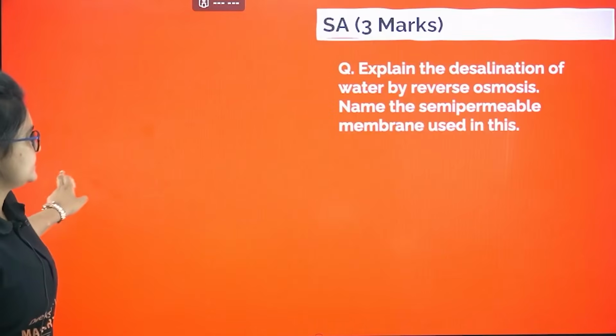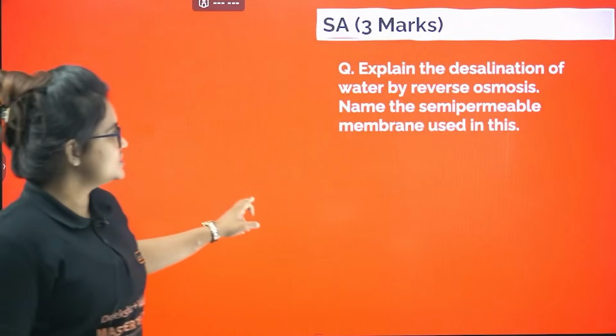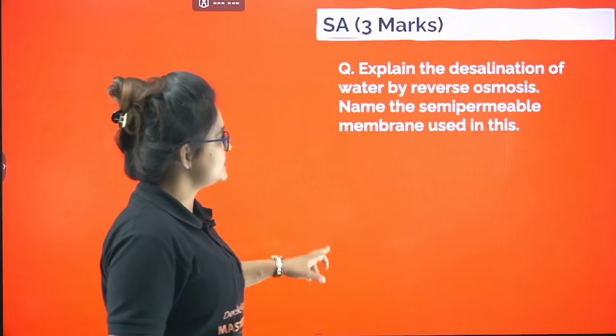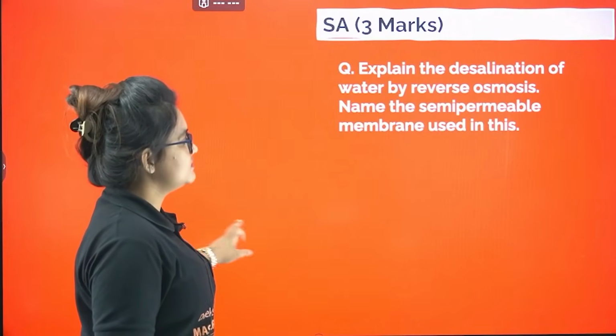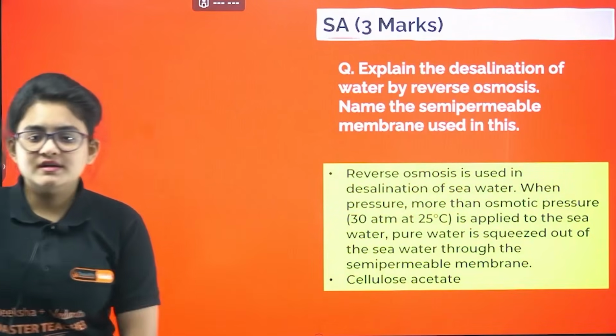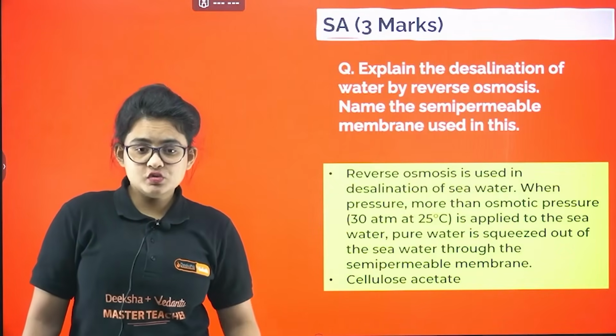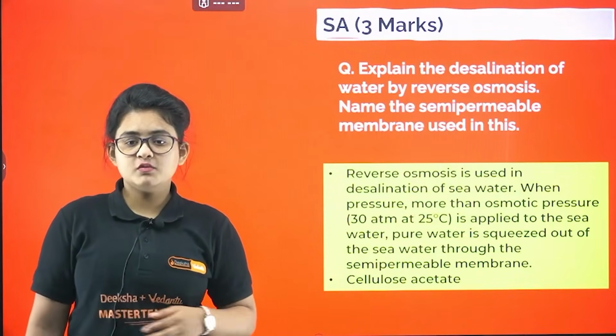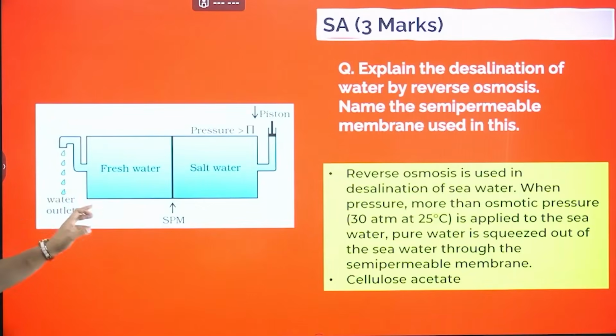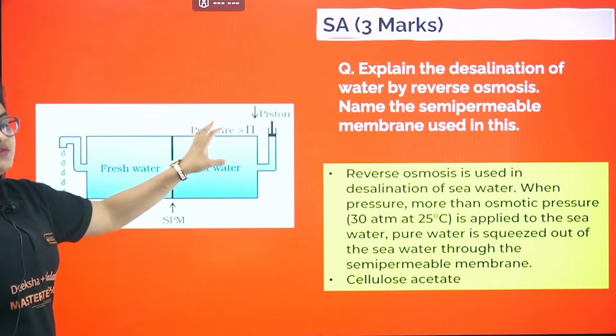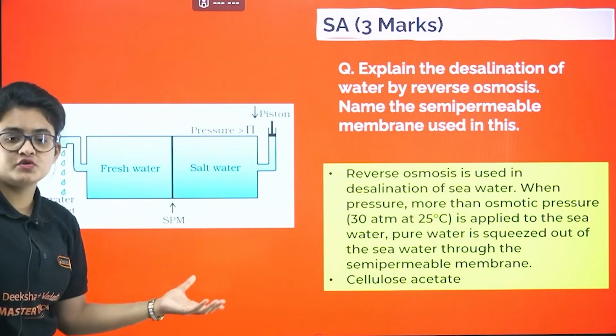Let's proceed. Explain the desalination of water by reverse osmosis. Name the semi-permeable membrane used in it. So reverse osmosis is basically used in desalination of water. What we do here is, in the salt water we apply a pressure more than the osmotic pressure.